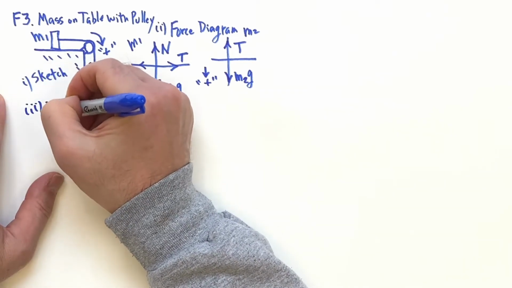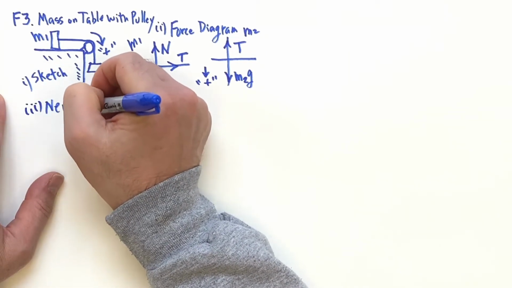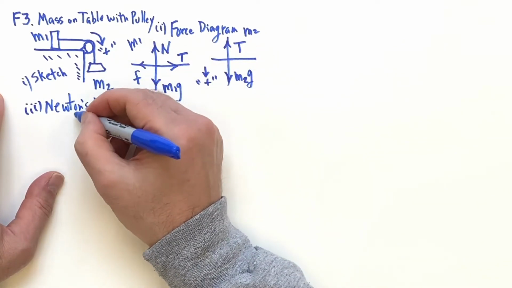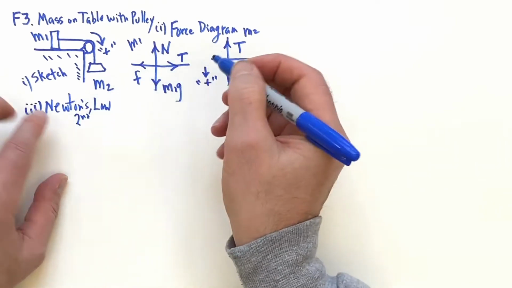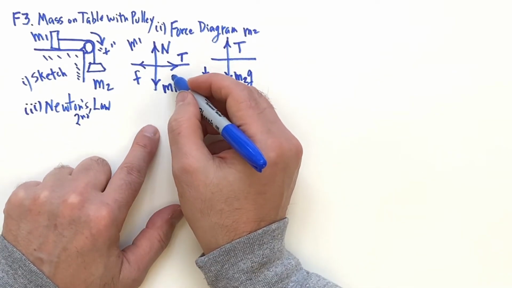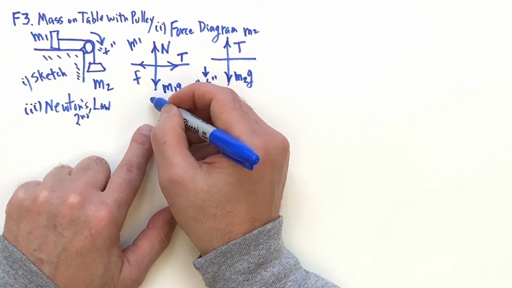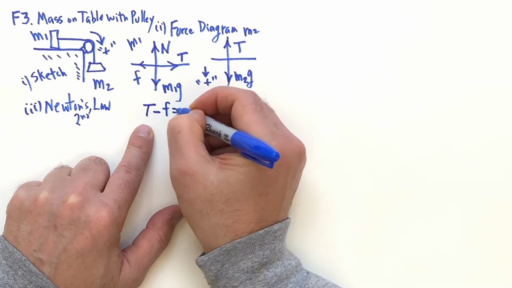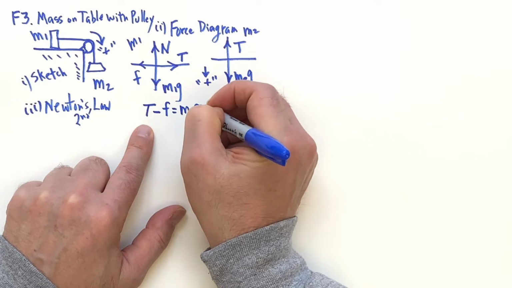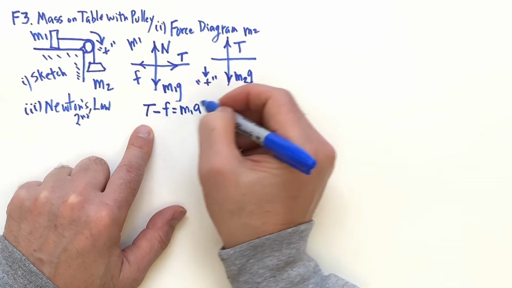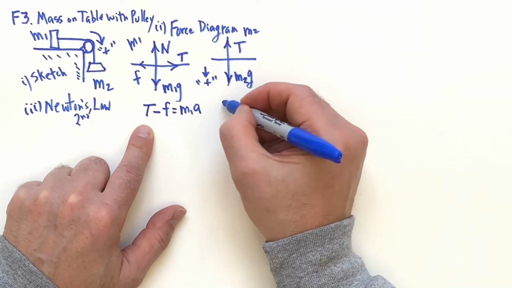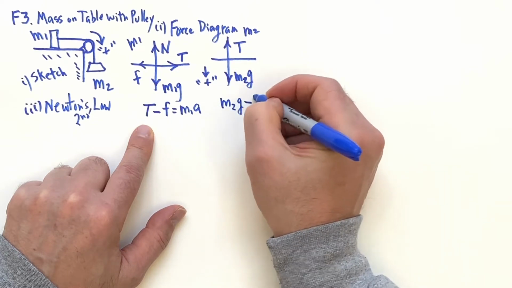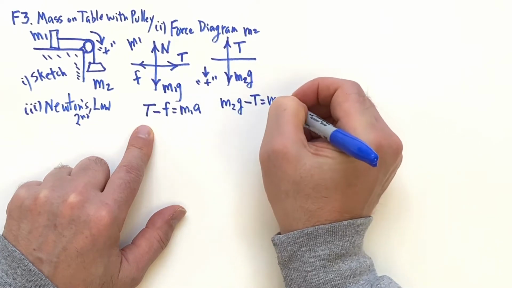So Newton's second law. Here we would have T to the right minus F to the left is M1A. Go ahead and do this one. M2G pulling down minus T is M2A.